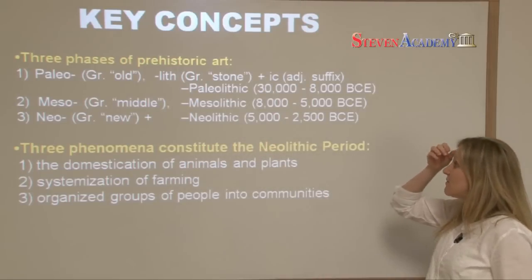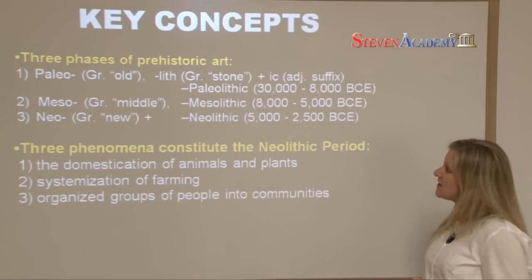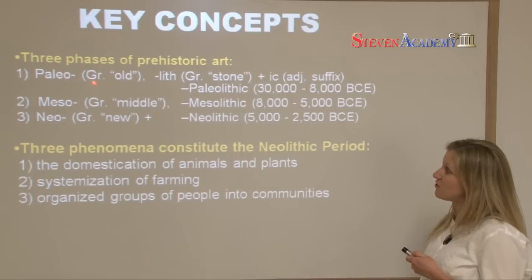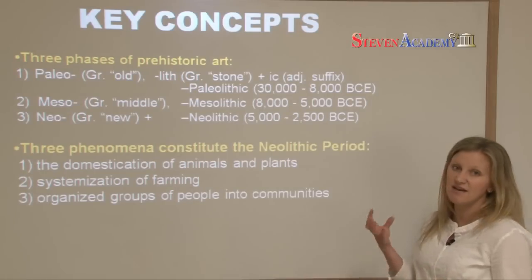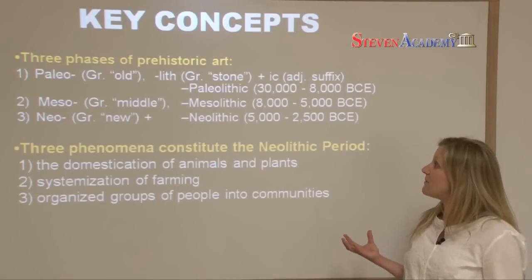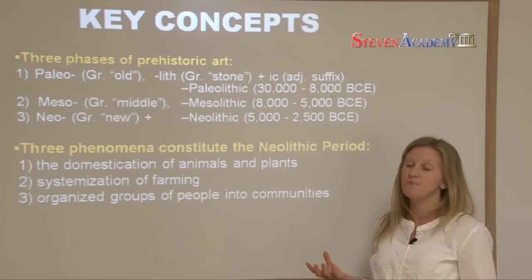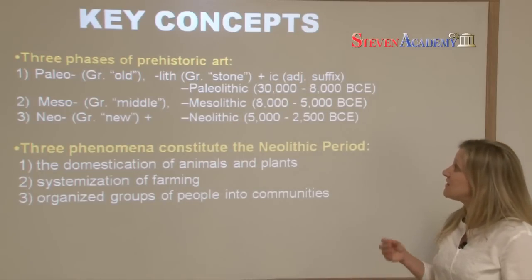So the first phase that we have, the oldest, right here is Paleolithic. Paleo from the Greek meaning old, lith meaning stone. You'll notice all of these periods have lithic as their ending. So each one of them has to do with stone or Stone Age. So Paleolithic is the old Stone Age.